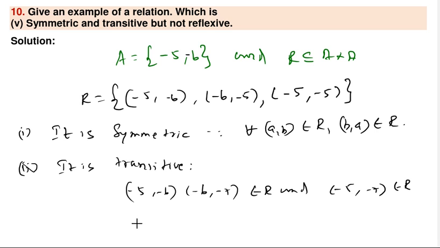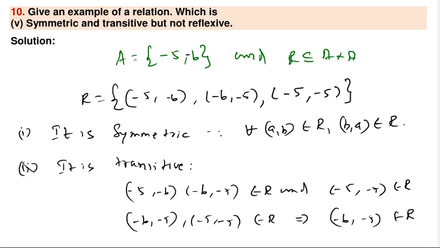Now minus 6 minus 5 and minus 5 minus 5 belong to R, and for transitivity minus 6 minus 5 also belongs to R. One more pair we can take: minus 5 minus 5 and minus 5 minus 6 belong to R. This implies minus 5 minus 6 also belongs to R. Because of this, we can conclude it is transitive.